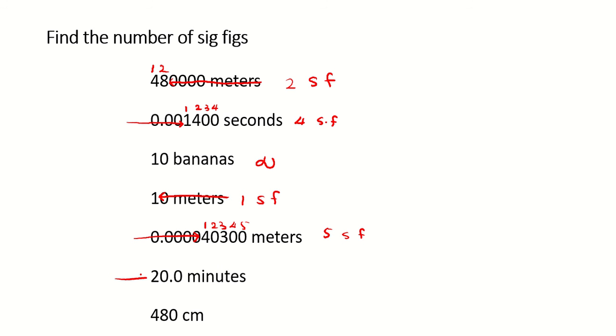From left to right, draw the arrow until you hit the first non-zero digit. Start counting the numbers. 1, 2, 3. You have 3. Are you measuring or counting? You are measuring. Do you see a decimal or not? You don't see a decimal. So when you don't see a decimal, you go in this direction. How many sig figs do you have? 2 sig figs.